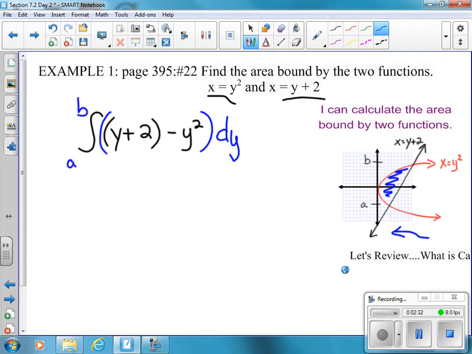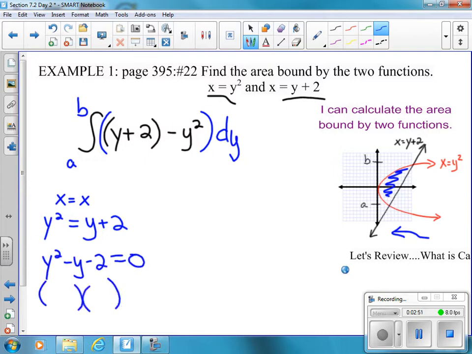Now we've got to figure out what a and b are. And again, we're going to set our two x's equal to each other, x equals x, and set y squared equal to y plus 2. Again, if you move the y plus 2 to the left-hand side of the equation, you get this equals 0.